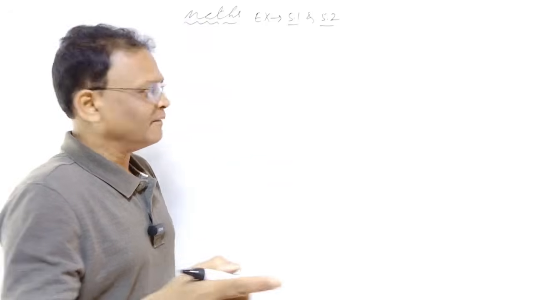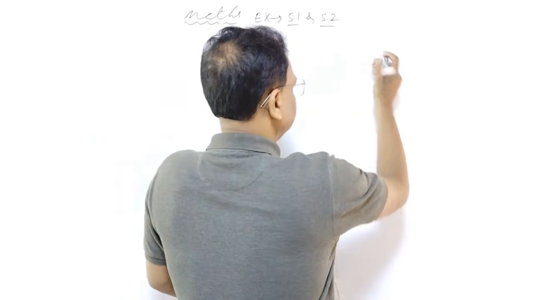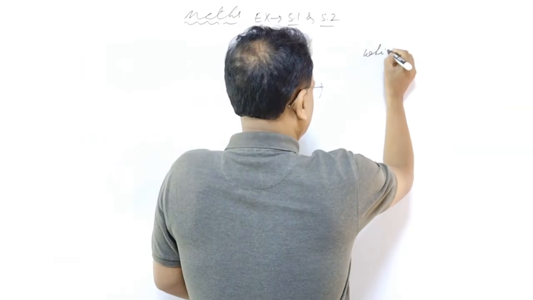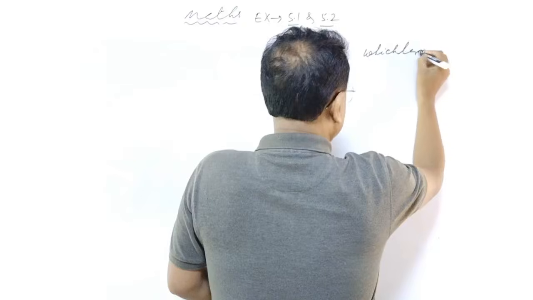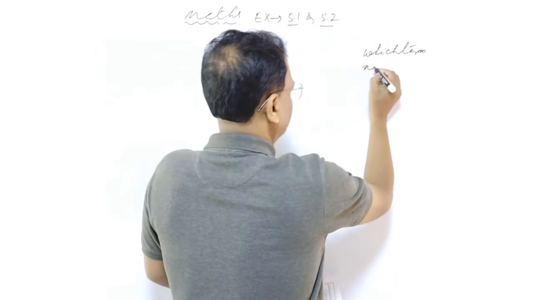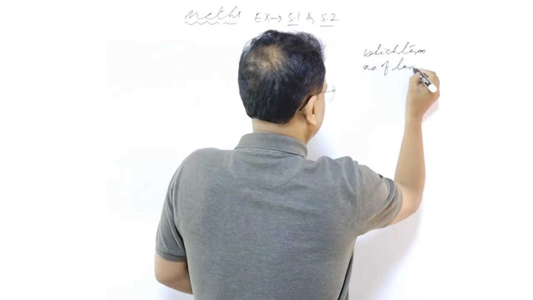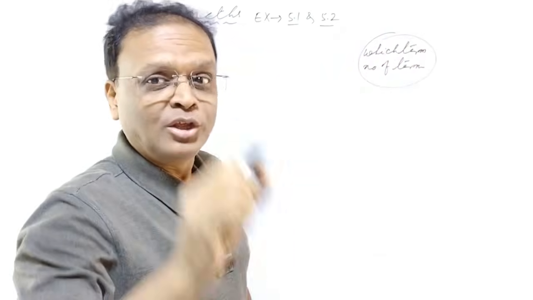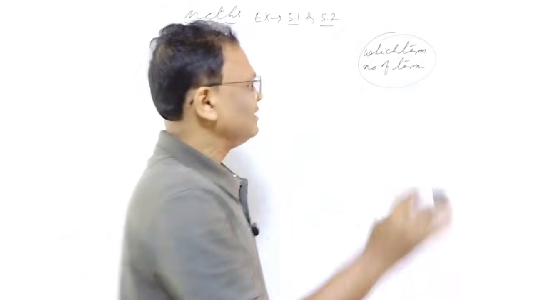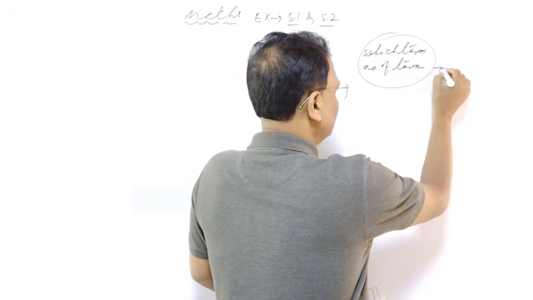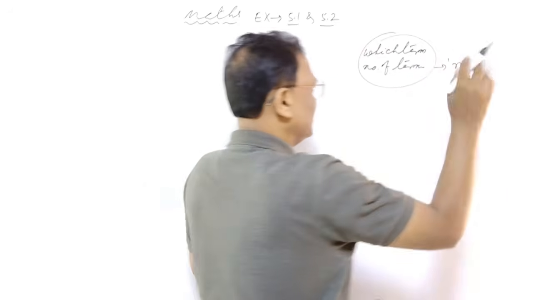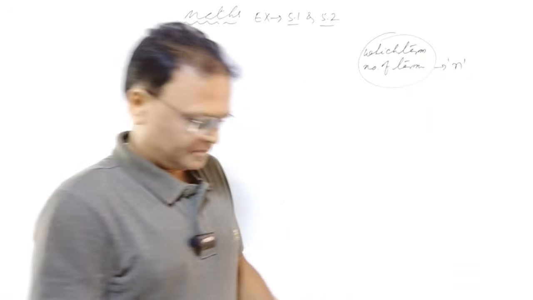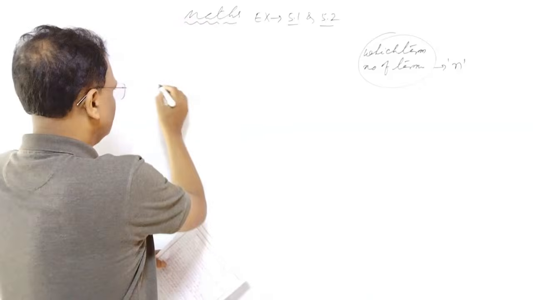Number of terms, again repeated. If this you are getting in the question paper, you think mentally, you decide that I have to find nothing but my n value. That's all.